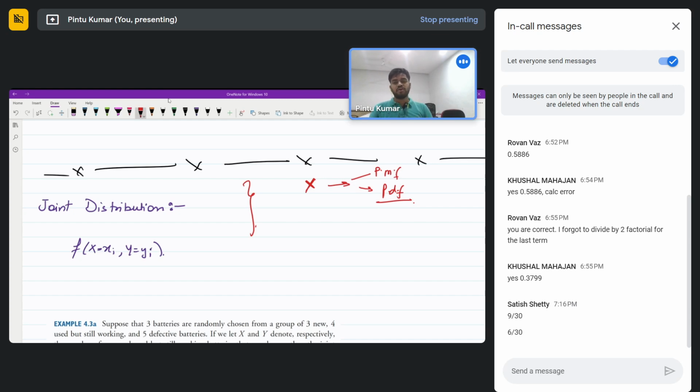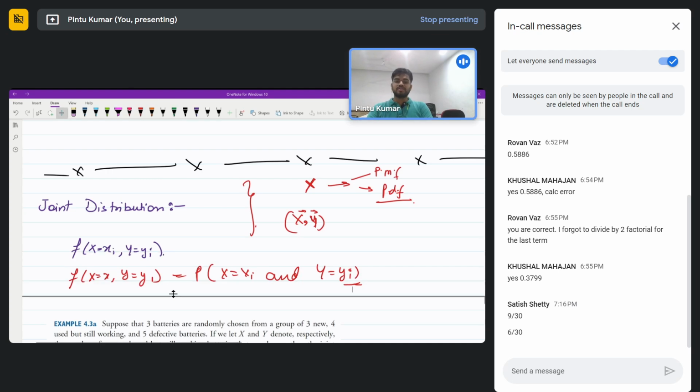You can have two random variables, which you represent as a random vector, or even more than that. You want to represent their joint distribution. Joint distribution means that if X is equal to Xi and Y is equal to Yi, this term gives you the probability that X is equal to Xi and Y is equal to Yi.